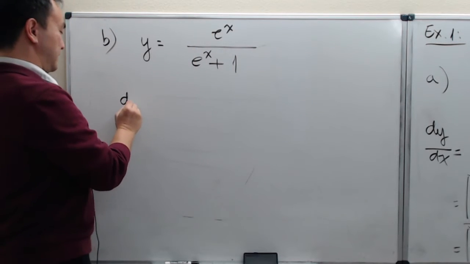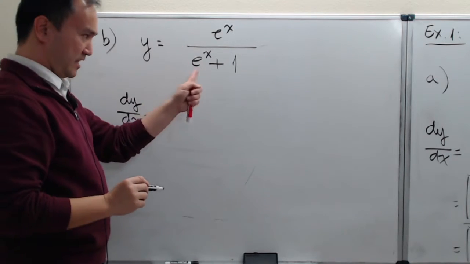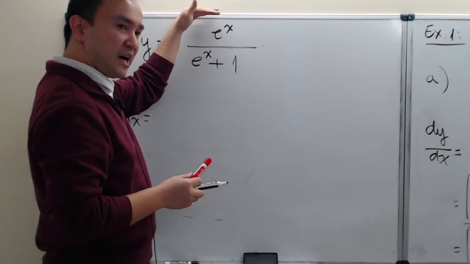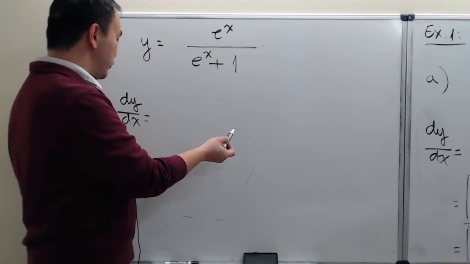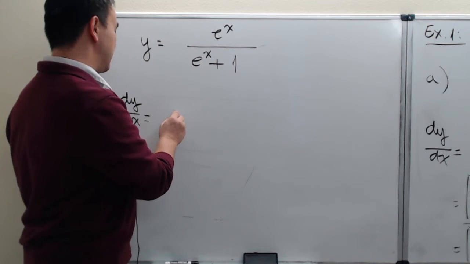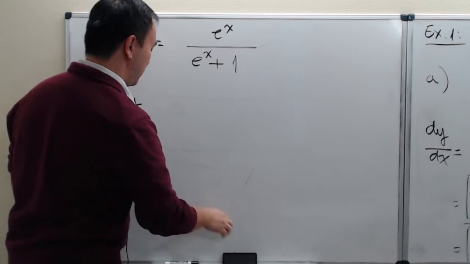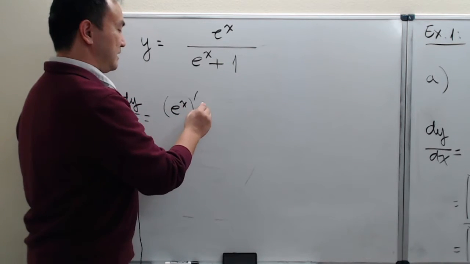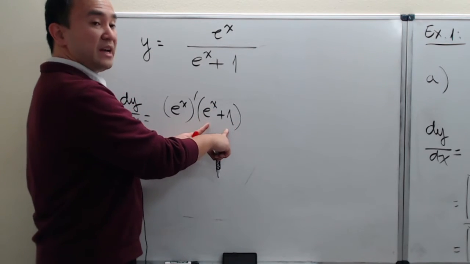So now getting into the derivative, taking the derivative of the entire quotient here, because e to the x is only one small part inside of the entire quotient, I have to first apply my quotient rule. The quotient rule says I'm going to need to find the derivative. Allow me to use a short notation. So the derivative of e to the x, I'm going to multiply with e to the x plus 1, the denominator without derivative.